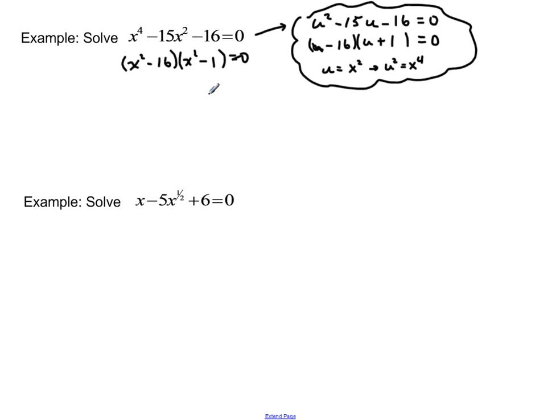So we're going to take each of these factors and set them to 0. So x squared minus 16 equals 0. Well, actually, that's not too bad to solve because we know what's going to happen right here. This is a difference of two squares, and we know that that factors, in this case, as x minus 4 times x plus 4.